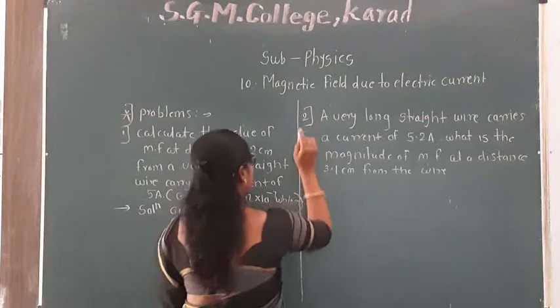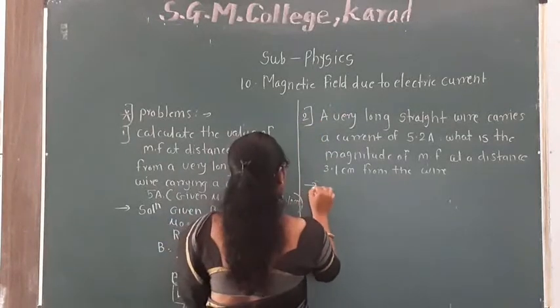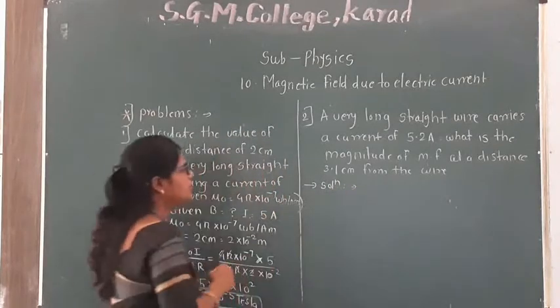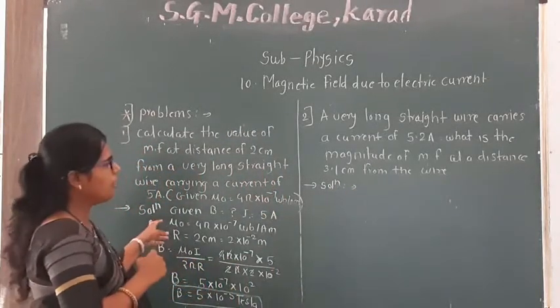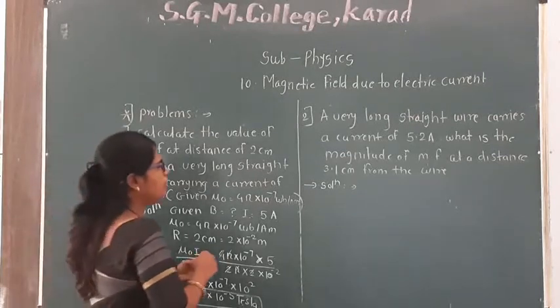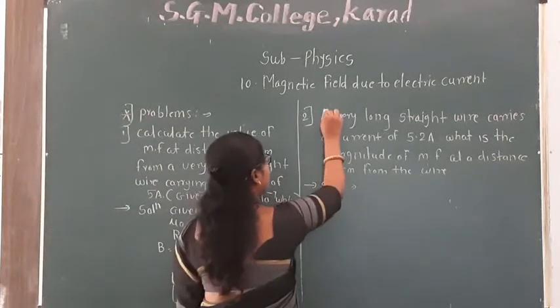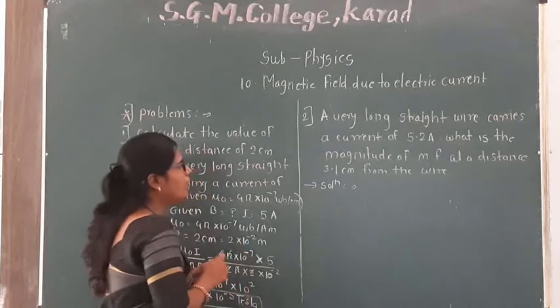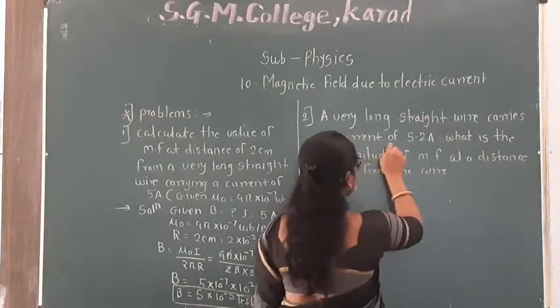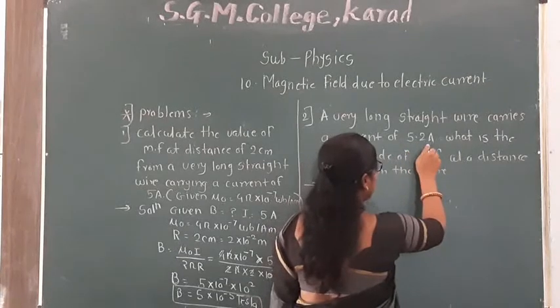Now here is the second example. In the second example also, we have to use a similar formula. First of all we read this example: a very long straight wire carries a current of 5.2 ampere.